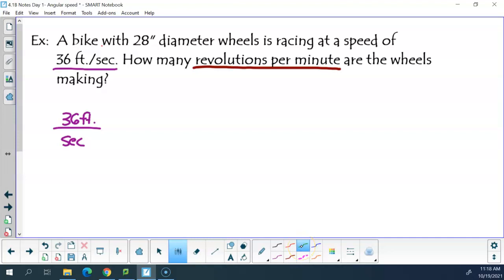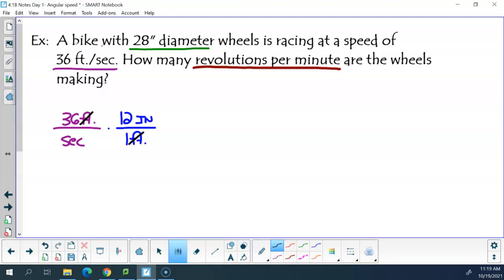So the next thing that I would do: we've got a 28-inch diameter. I'm in feet, so I need to convert this: 1 foot is 12 inches. Now I'm in inches, which is what I need because my diameter is in inches.